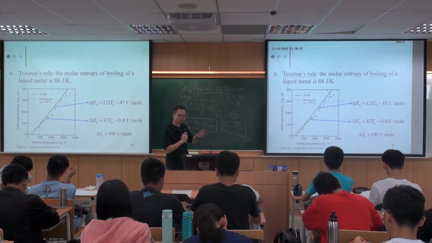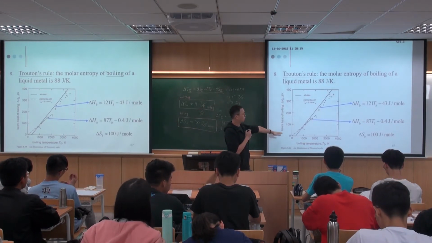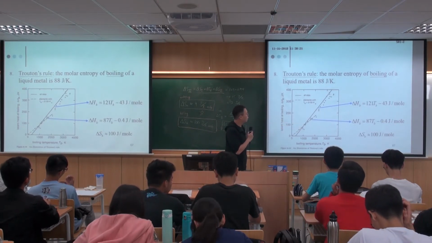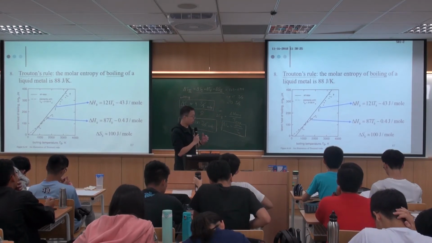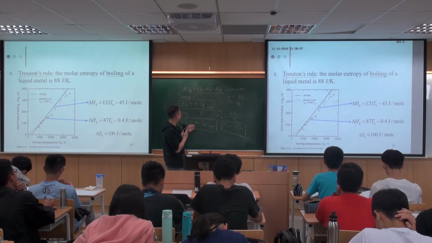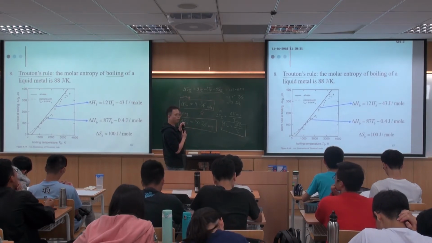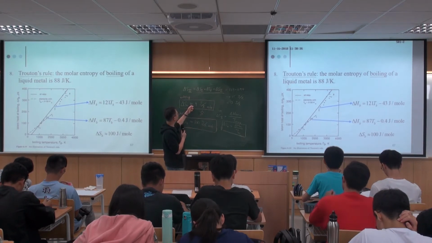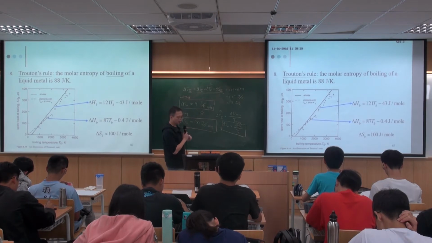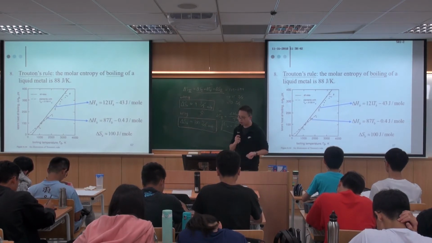So these are just some rules of thumb from experiments. Physicists or chemists try to estimate that the change of entropy for phase transformation from solid to liquid is much less than that for the boiling or vaporization process.